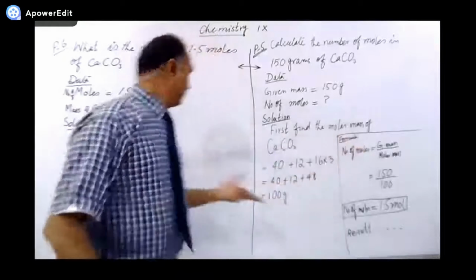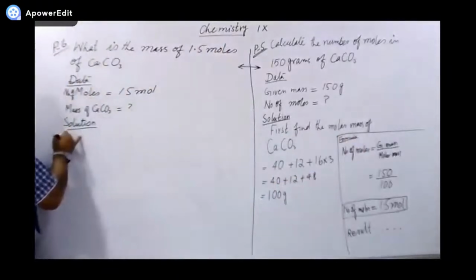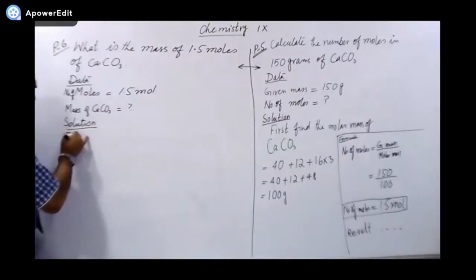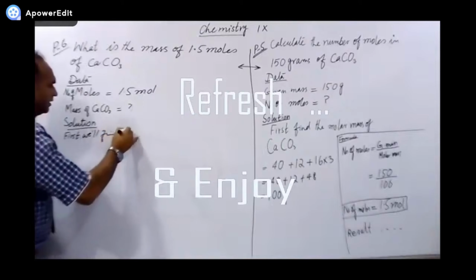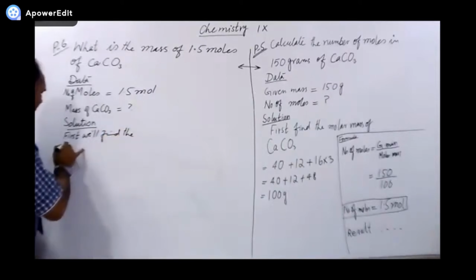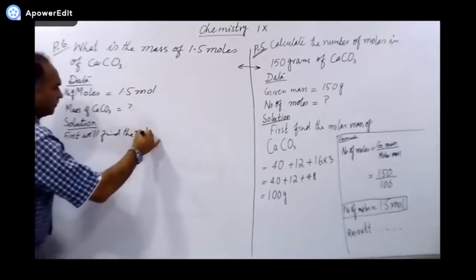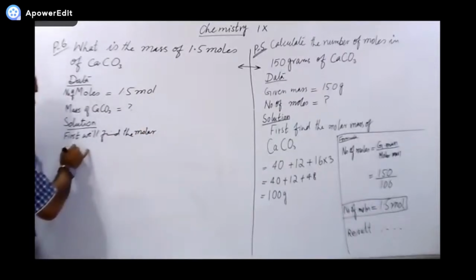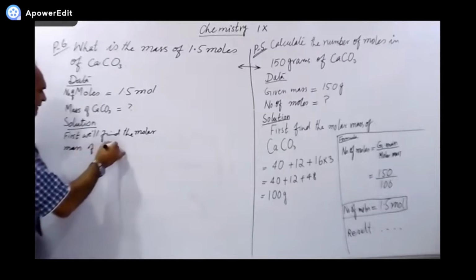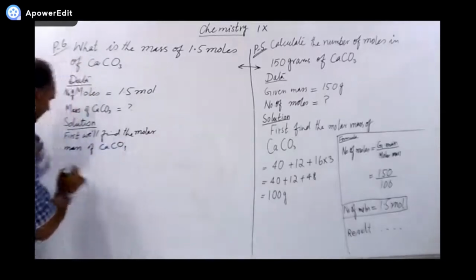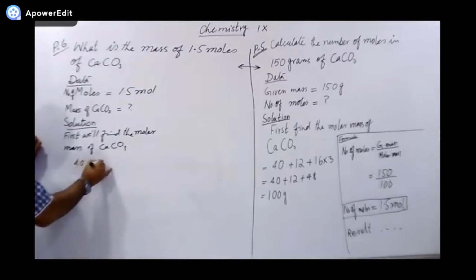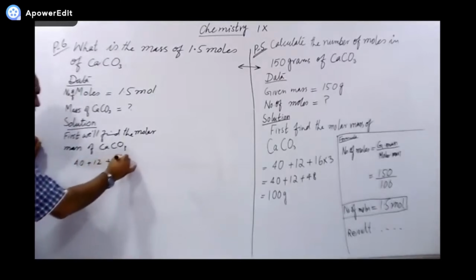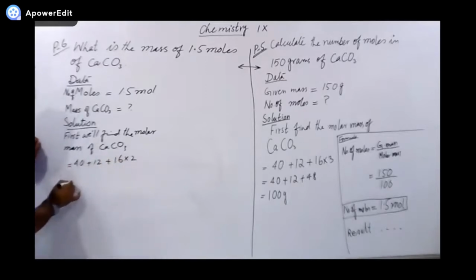So as usual, first we'll find out the molar mass of CaCO3. The same I'll do over here, but quickly. 40 plus 12 plus 16 into 2, and it will become 100 gram.